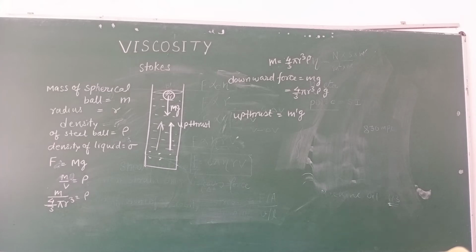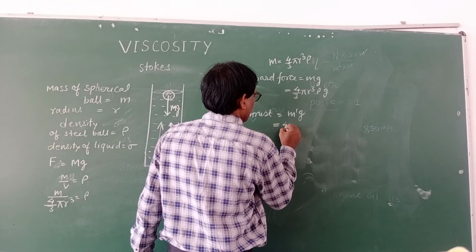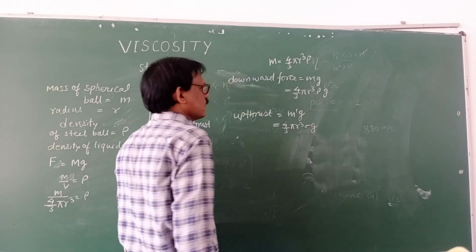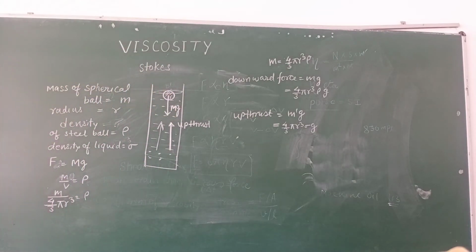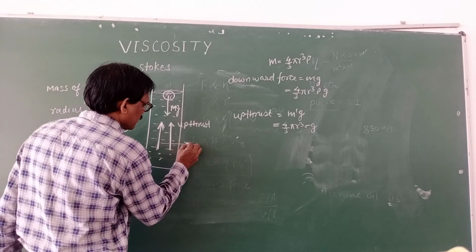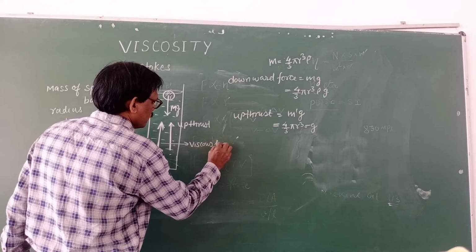The liquid, and the density of the liquid is sigma. So we can write here 4 upon 3 pi r cube sigma g. This is the upthrust. Apart from upthrust, one more force is acting in that liquid, the viscous force. This one more arrow here stands for the viscous force.